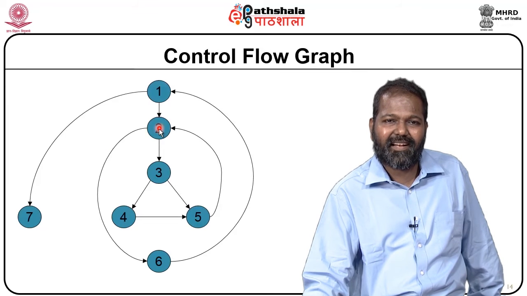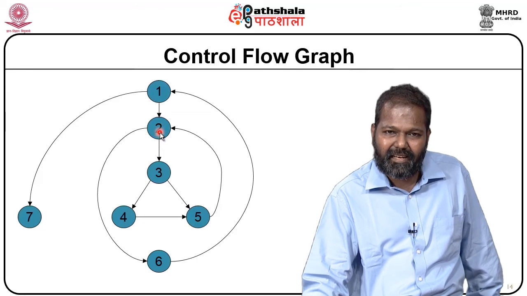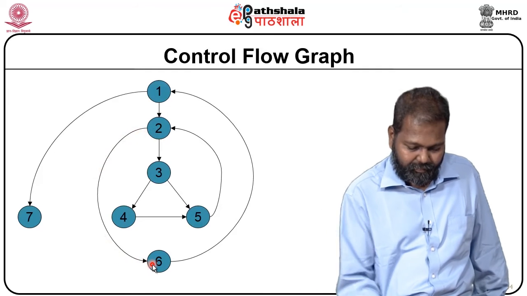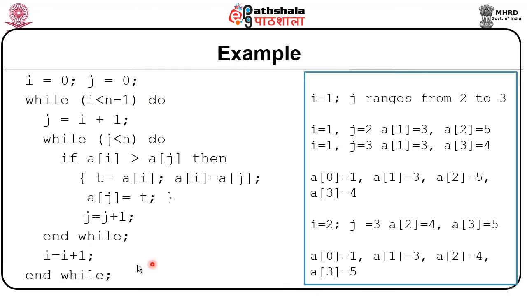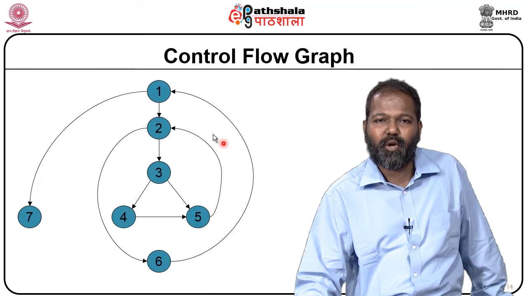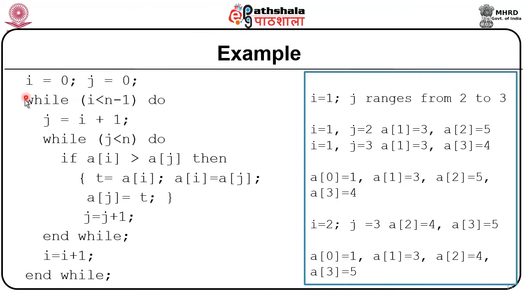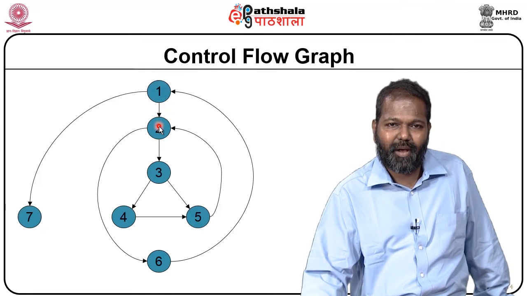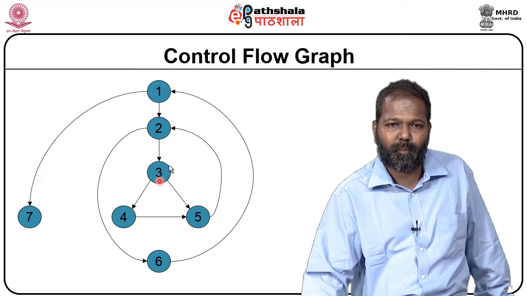Once the condition j less than n becomes false, you come to 6, which is i equal to i plus 1. You have a transition to node 1 while i less than n minus 1. If the condition is satisfied, you again enter into the while loop and if loop.